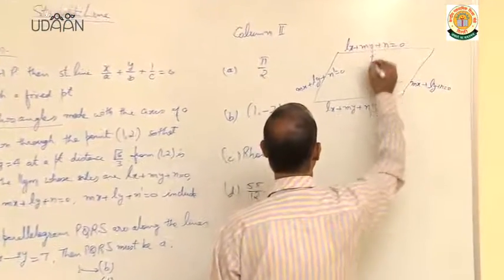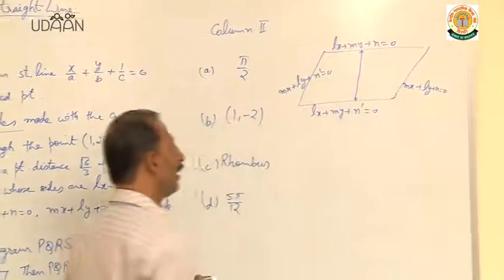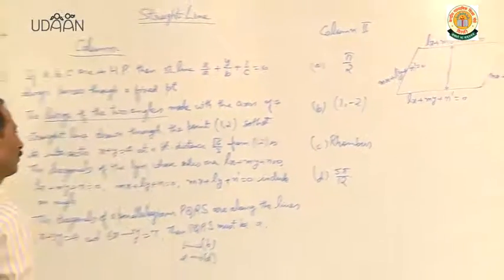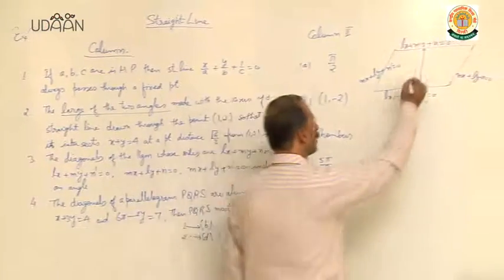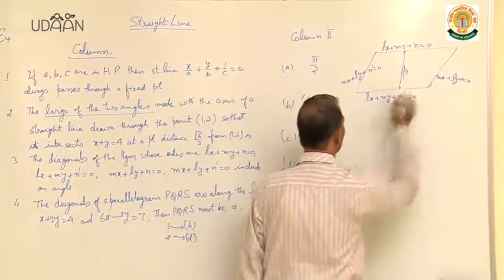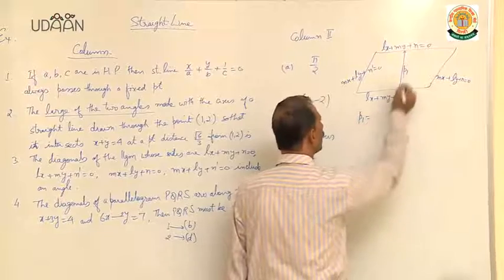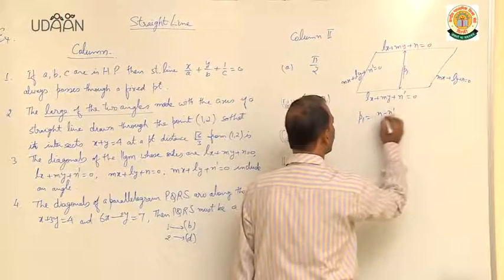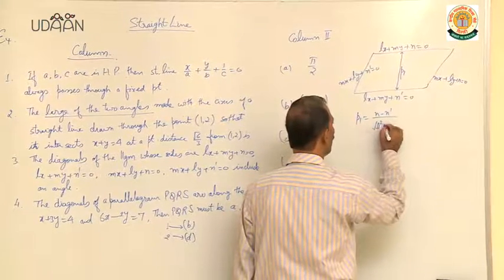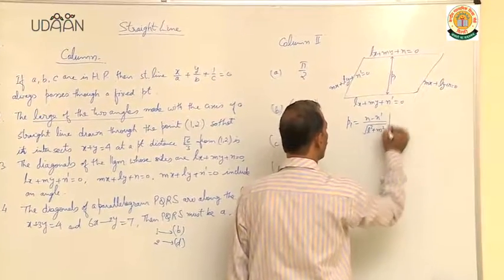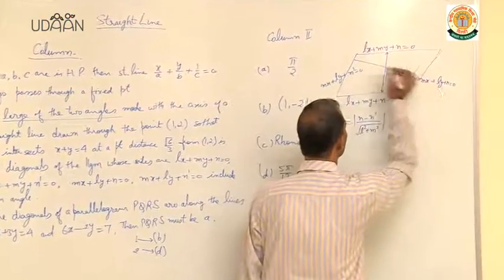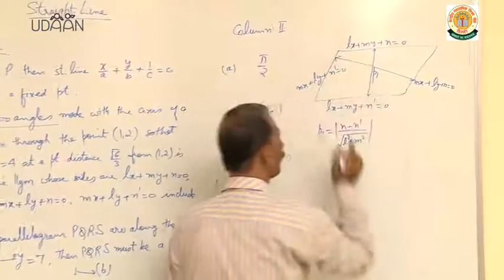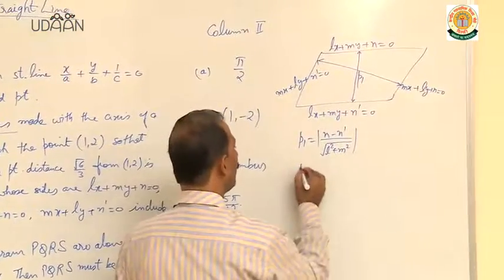You can find the distance between these two parallel lines. This distance I am calling P1. So the value of P1 is n minus n dash upon root L square plus M square. Now the distance between the other two parallel lines, you can find again, P2.